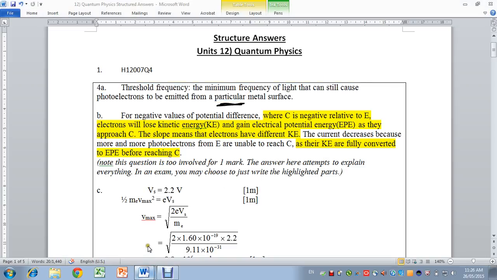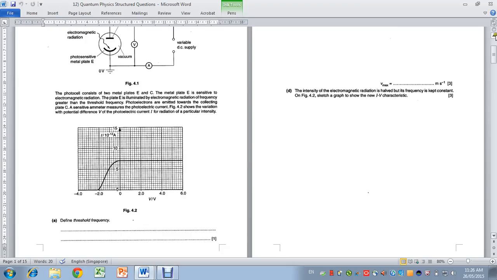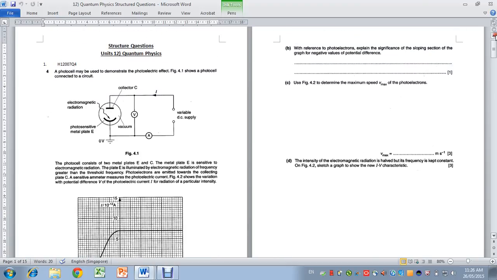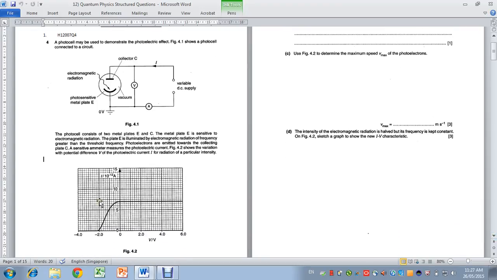For B now, they're asking, with reference to photoelectrons, explain the significance of the sloping section of the graph for negative values of potential difference. So essentially they're asking, why is the graph sloping downwards here, and what does that mean?